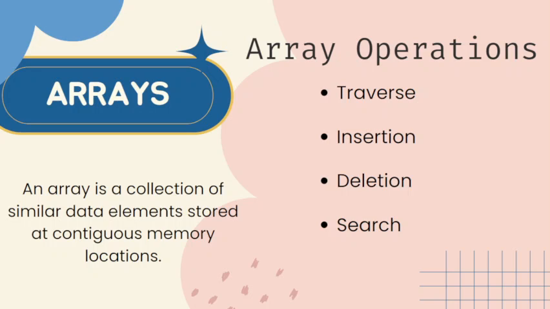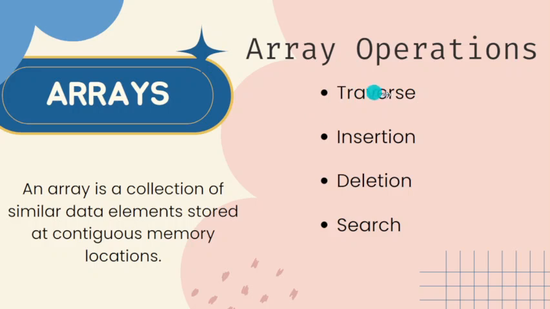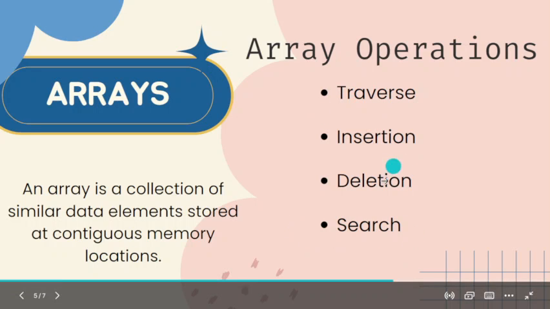And the importance of the array list object is that it allows us to do the four operations of an array, that is traversing, insertion, deletion, and searching for a value. For the case of a normal array, you can only traverse and search. You can't insert and delete.